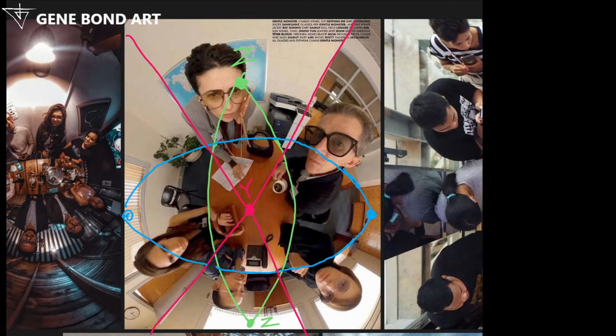So horizon line, eye level, camera level. It's kind of like CIA work here. We are breaking down perspective.